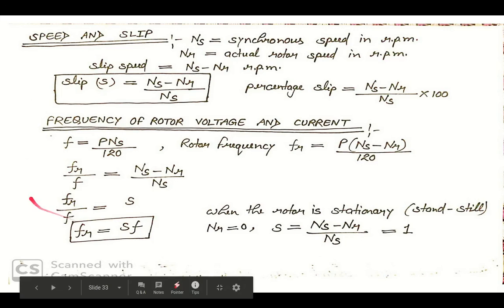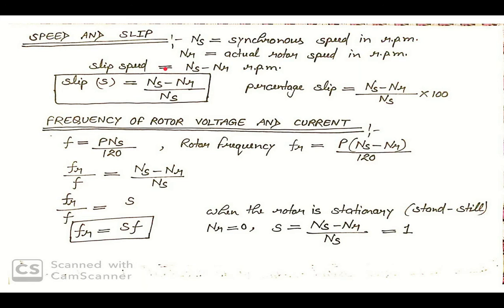Now the next topic is speed and slip. First of all, what is speed? For speed, we can say that an induction motor cannot run at synchronous speed. It is a very important point. An induction motor cannot run at synchronous speed.